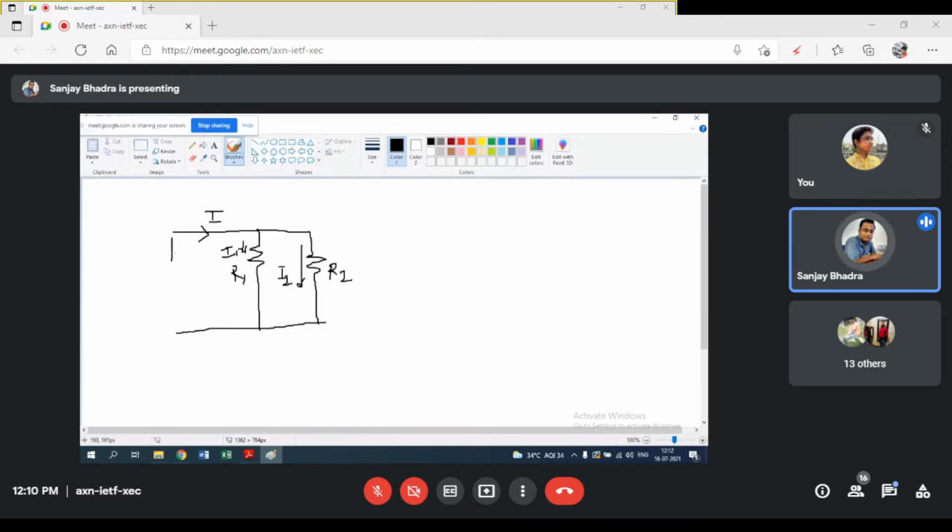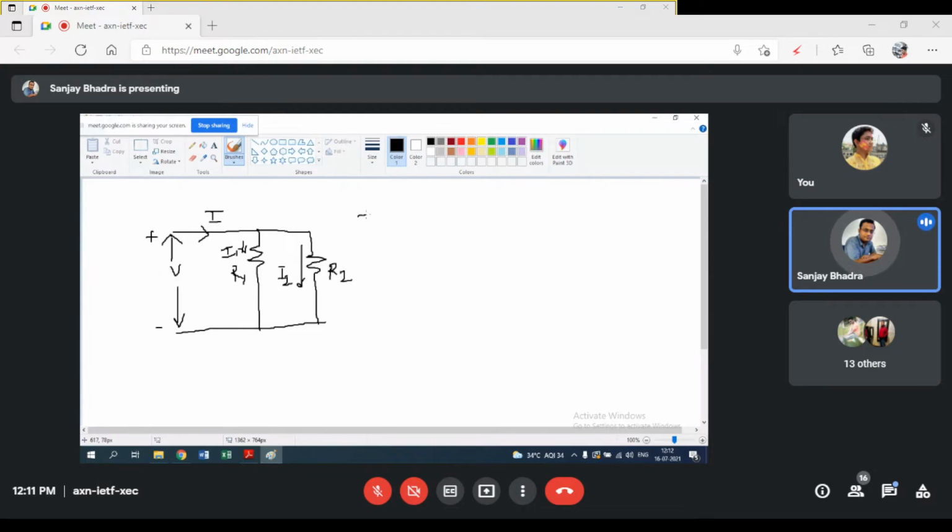And this is where my voltage is placed. Let's say this is my plus, this is my minus. Okay. Now my concern is that I'm trying to find out I1 and I2. And obviously this is the voltage across which my R1 appears and across which my R2 appears.